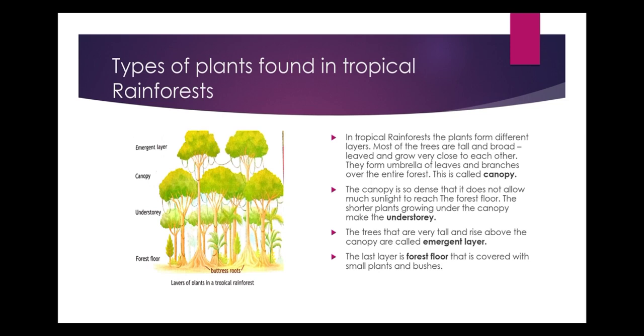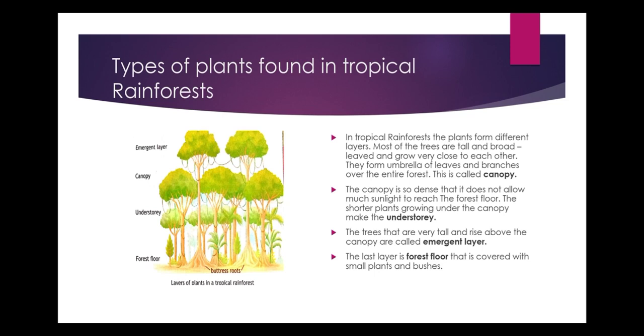The shorter plants that grow under the canopy make the understory. The trees that form the understory are much shorter than the canopy. The trees that are very tall and rise above the canopy are called the emergent layer.